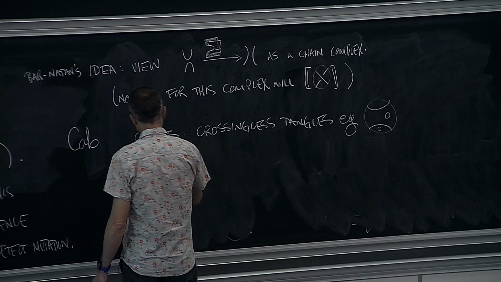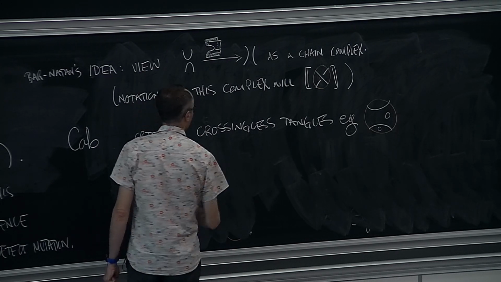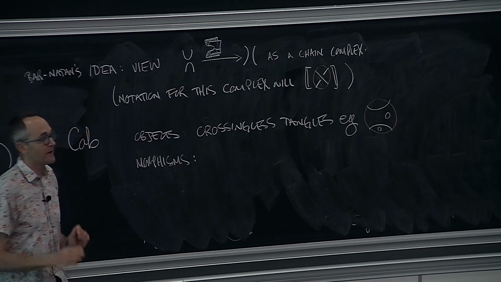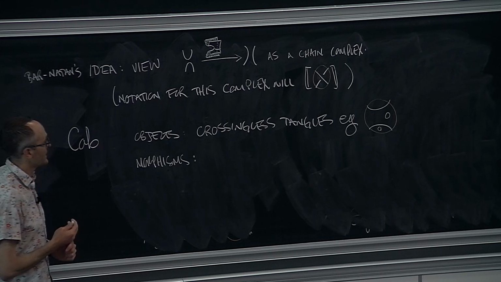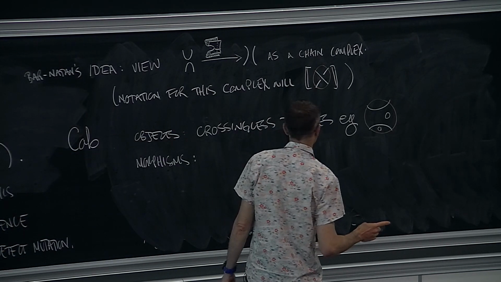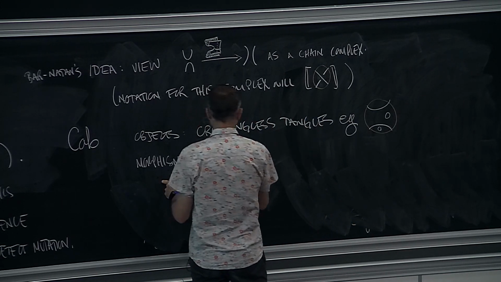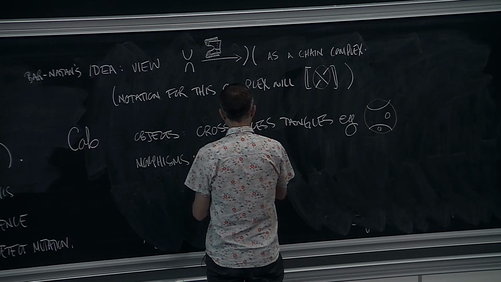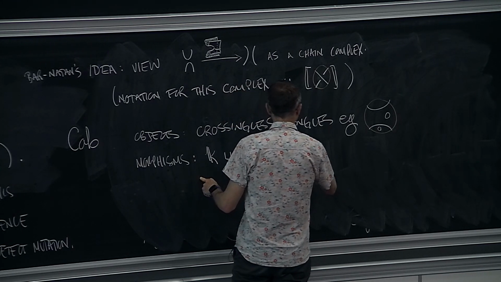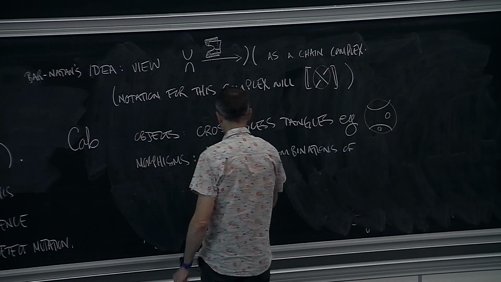And the morphisms, all of my tangles have 4 endpoints. In fact, all of the objects for the rest will have 4 endpoints, and that will be important for a coming exercise. So the morphisms are, fixing a field k, linear combinations of cobordisms.